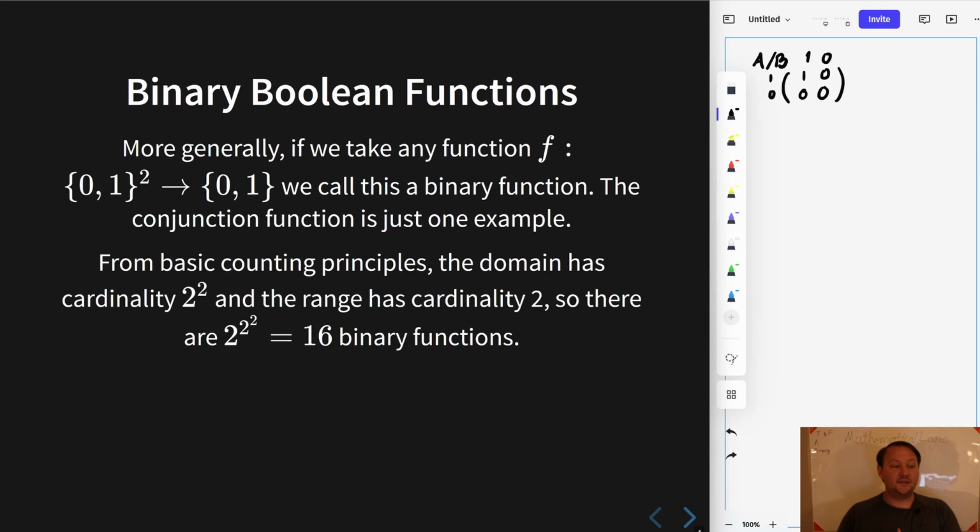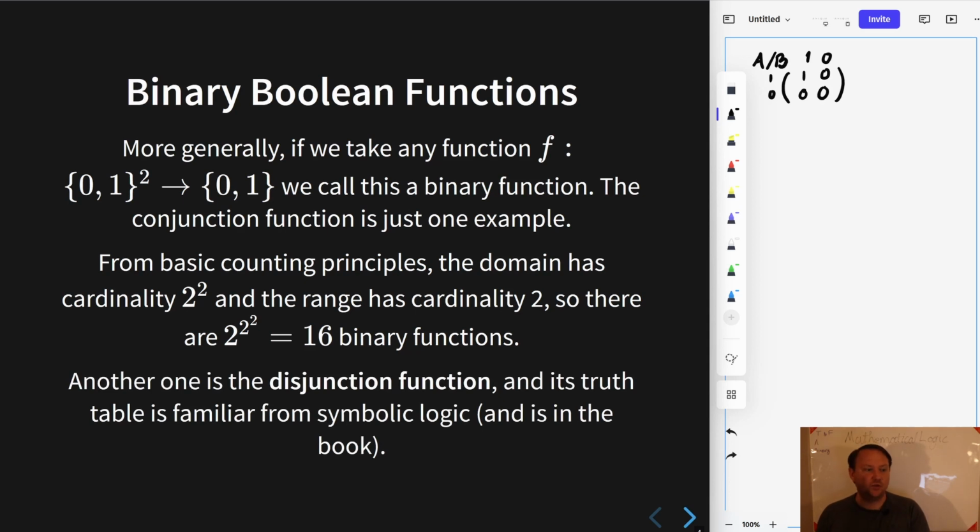So from basic counting principles, we know that the set {0, 1} has cardinality 2. Since we are squaring that set, taking the Cartesian product of it with itself, there are 2 to the 2 elements within the domain. And then since the range has size 2, by more elementary counting principles, 2 to that power must be the number of all such functions, just as a demonstration of some of what we're talking about here.